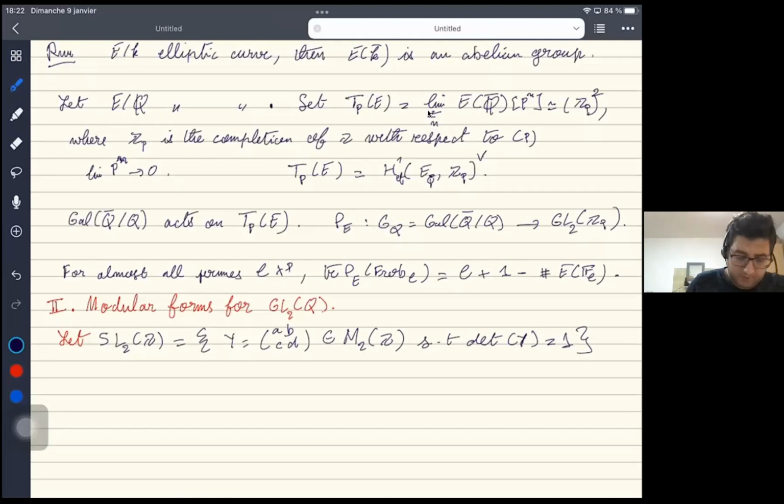And I will introduce some specific subgroups of SL2(Z), often called in the literature congruence subgroups.